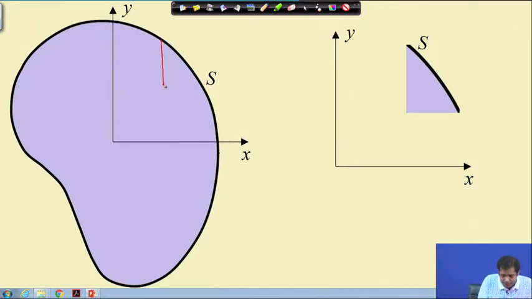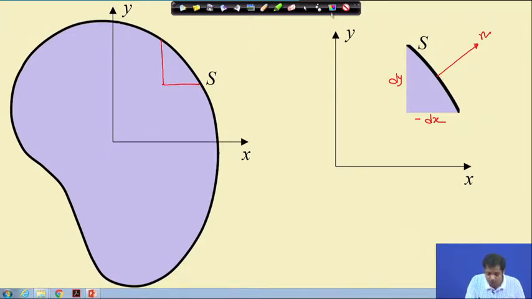Suppose this distance is dx and this distance is dy. To be precise, this distance is minus dx, because x is in the other direction. Suppose this is the unit normal n, which defines this plane.